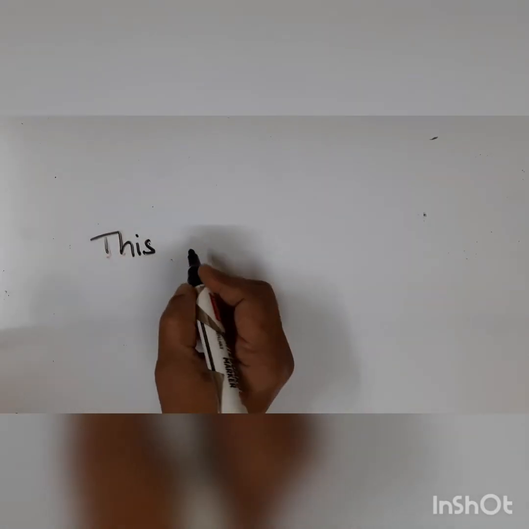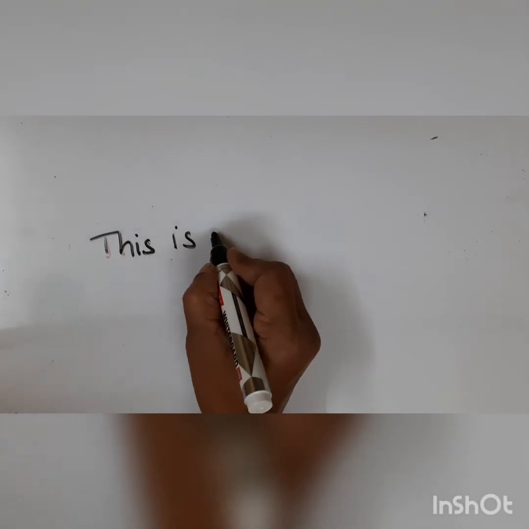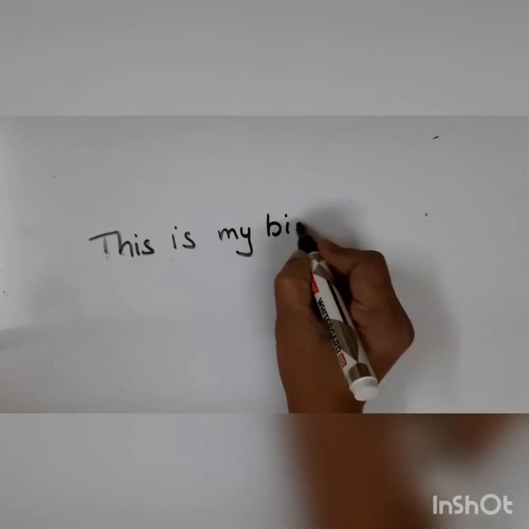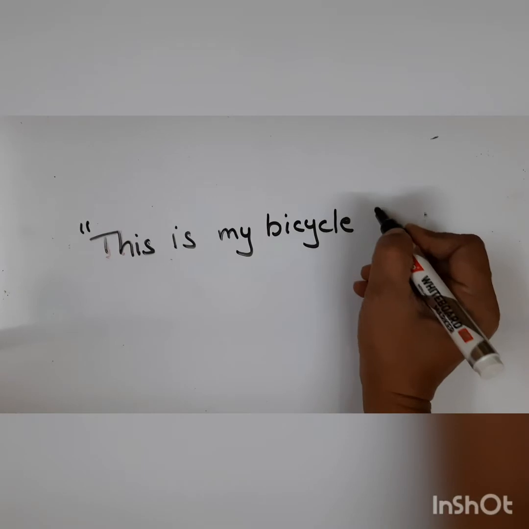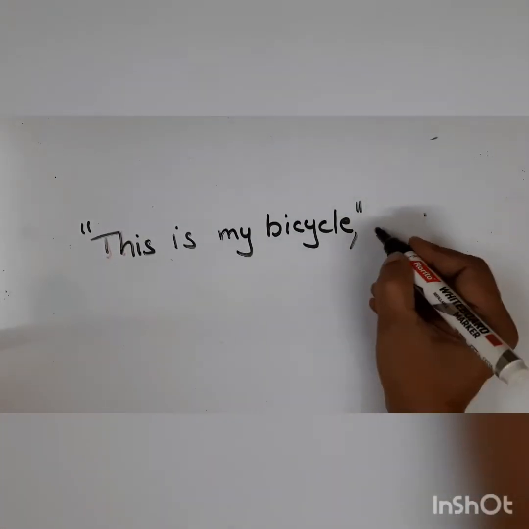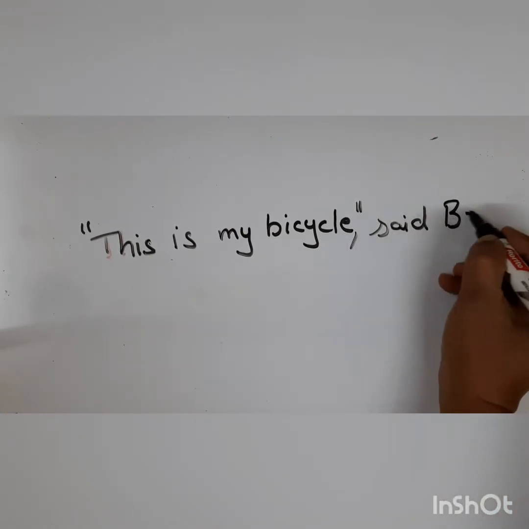This is my bicycle. Okay, now here speech marks, as I said, comma here and here, and said Ben or Bani.